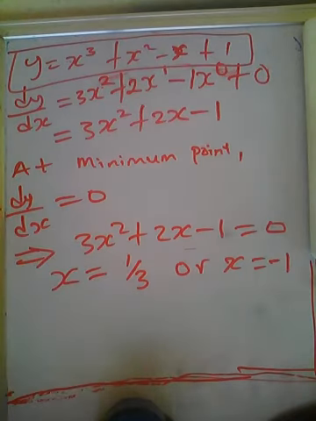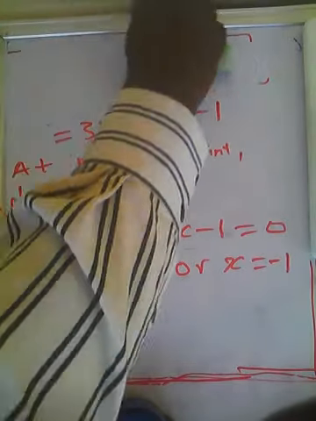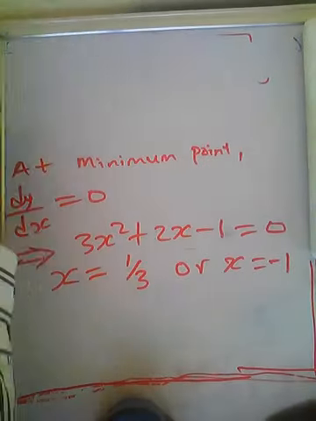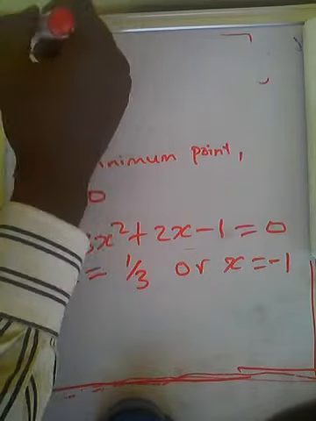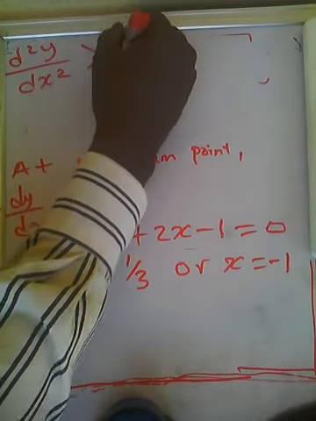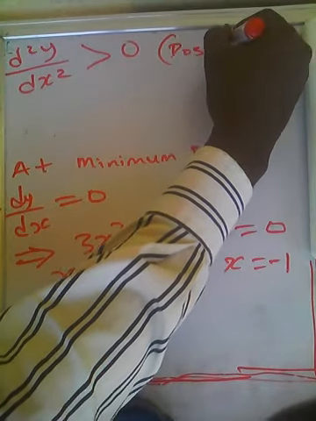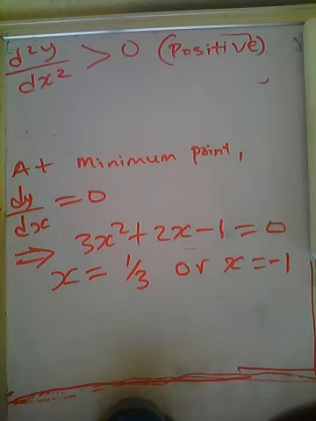Remember our x is 1 over 3 or minus 1. The condition is that the second derivative, d squared y by dx squared, must be greater than 0, that is positive, for a minimum function. If it is negative, then it is not a minimum function.